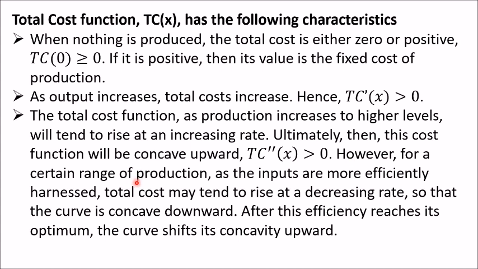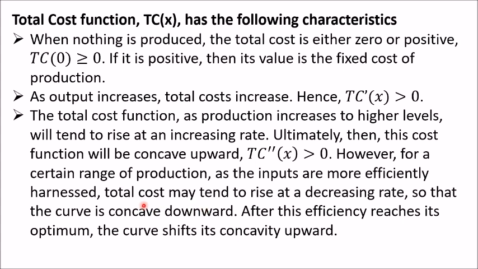However, for a certain range of production, as the inputs are more efficiently harnessed, total cost may tend to rise at a decreasing rate so that the curve is concave downward. Pwede rin naman siya mag-downward yung concavity ng graph. Hindi natin na-discuss noon, but concavity means yung opening ng graph, it's either downward or upward.